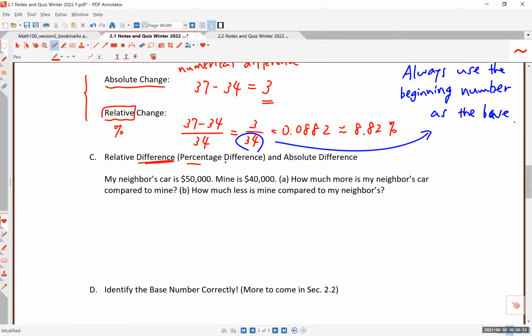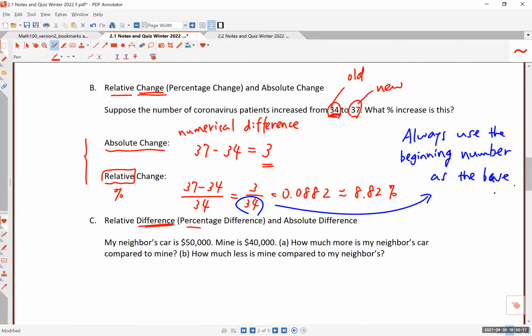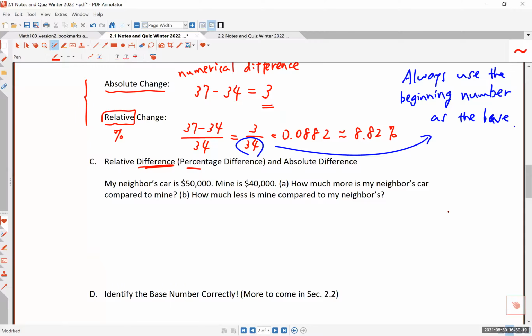Now this is even a little trickier because in this case, you don't have the old and the new. You're just comparing two numbers. So let's say my neighbor has a very fancy car that is $50,000, whereas my car is $40,000. What is the conclusion? Well, I must be jealous of my neighbor's car because his car is better than mine.